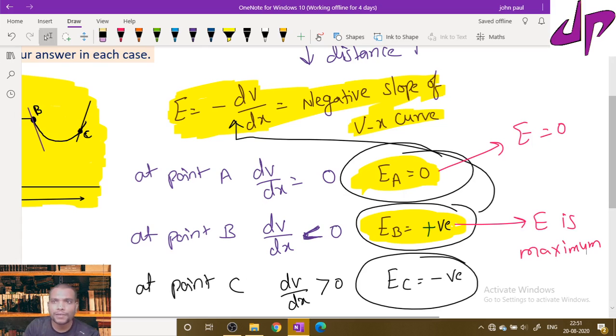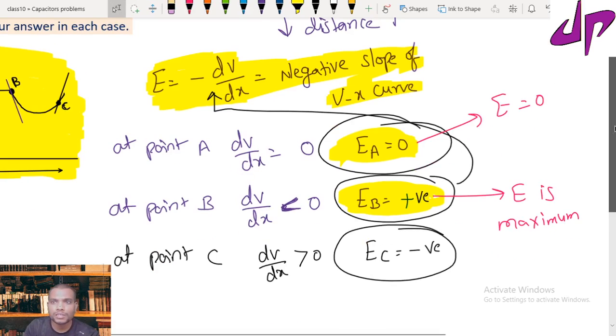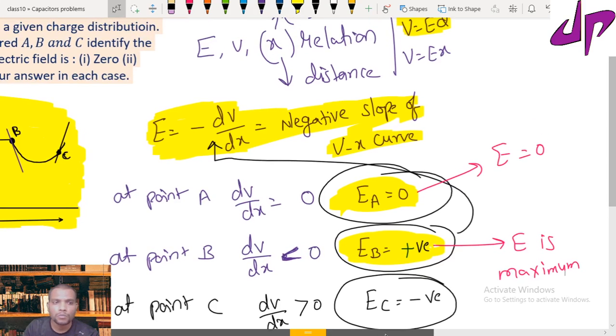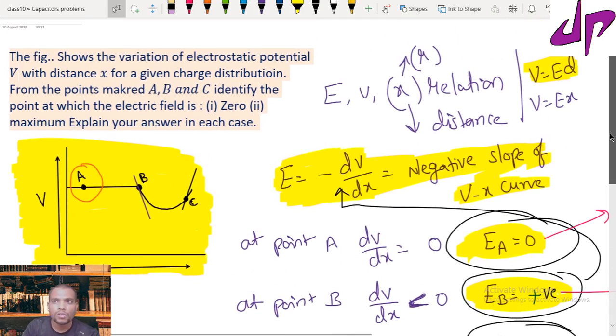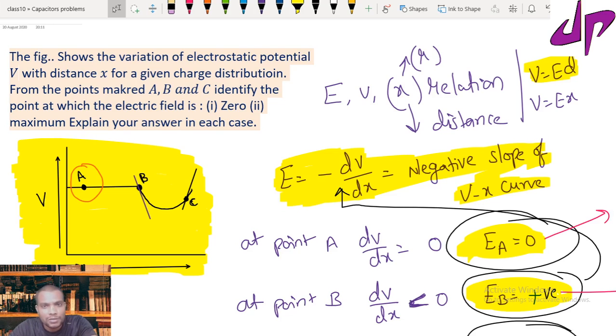Like this, graphical interpretation questions are frequently asked in competitive examinations. So try to remember this relation between electric field, potential and distance: electric field E equals the negative of dV by dx.